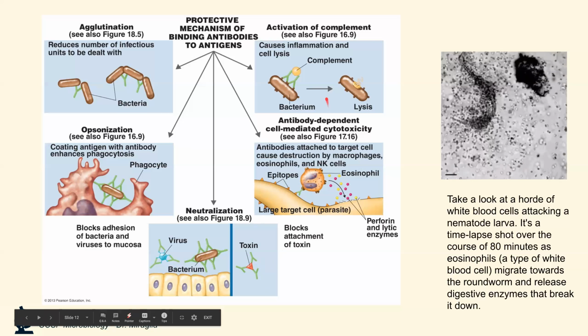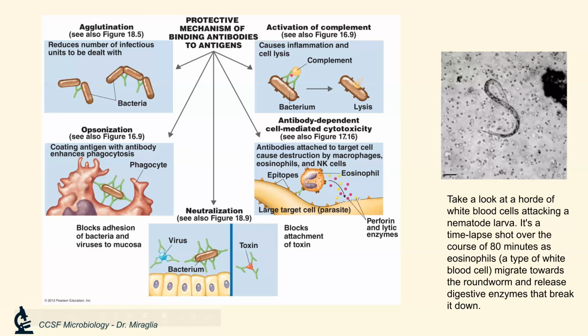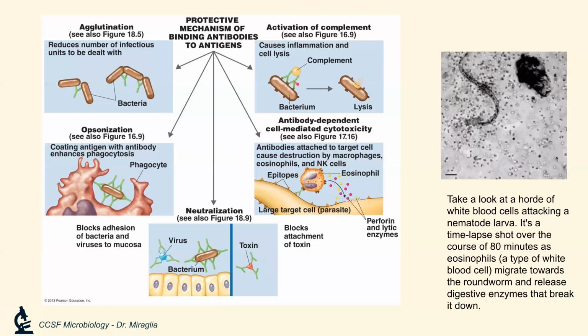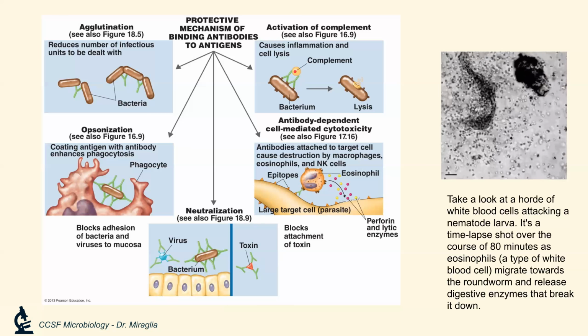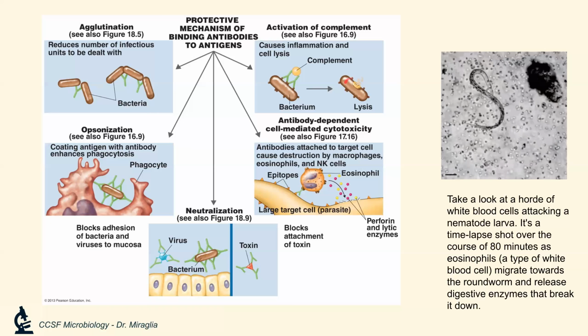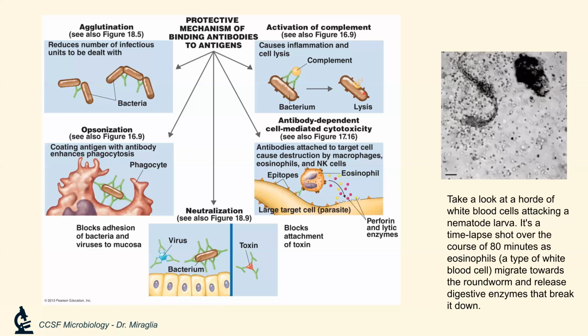Two other things that antibodies can do: we said that there's an antibody pathway for stimulating complement. So if antibodies are bound to bacteria, that can trigger the complement cascade. And of course, we know that there are 3 features of complement, and one of those is the lysis of cells, cytolysis by the membrane attack complex.